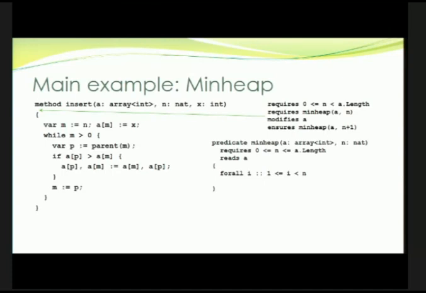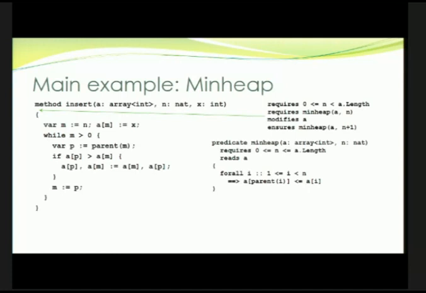I'm picking i deliberately so that it's larger than 0. So i is in the range 1 up to but not including n. For all the i's in that range, A of parent of i is less than or equal to A of i. I'm going to call this the local heap property.